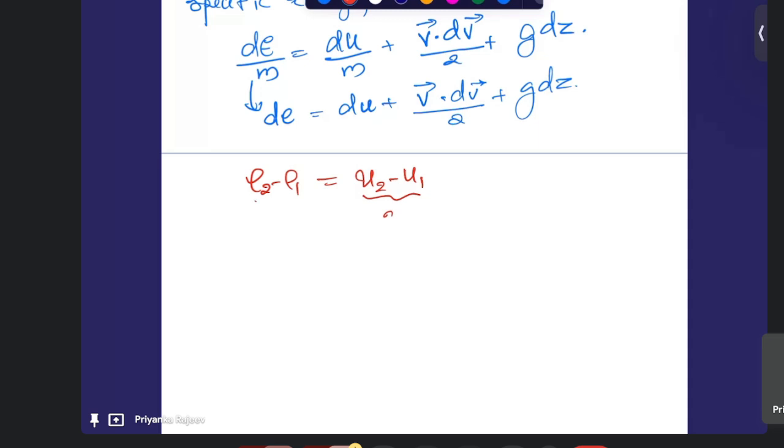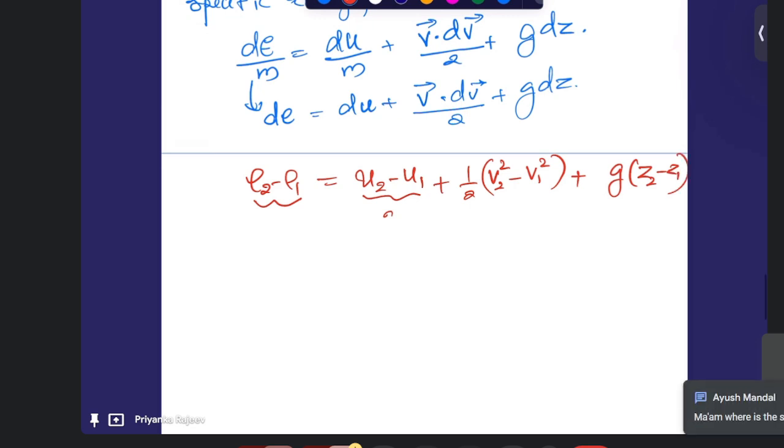Okay, then this is specific energy plus half V2 square minus V1 square, that is the change in specific kinetic energy, because m is not here. Then we have the potential energy, the specific potential energy, because m is not there.